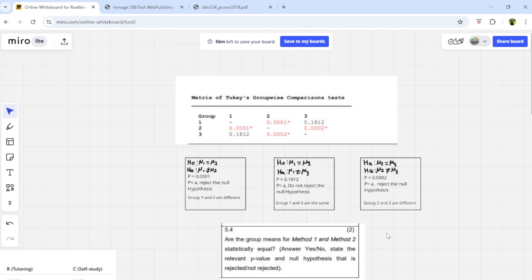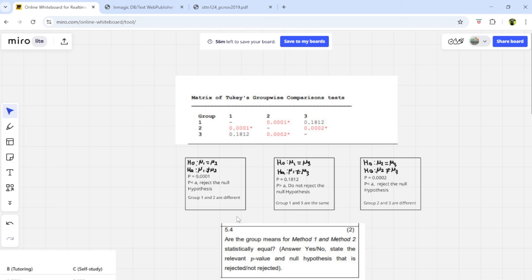So equal means the same. So they're asking about group 1 and 2. They say, are they statistically equal? Then after doing this, you can see that no, they are not equal, they are different. Then you want to say no. State the relevant p-value. The relevant p-value is, they said group 1 and 2, method 1 and 2.